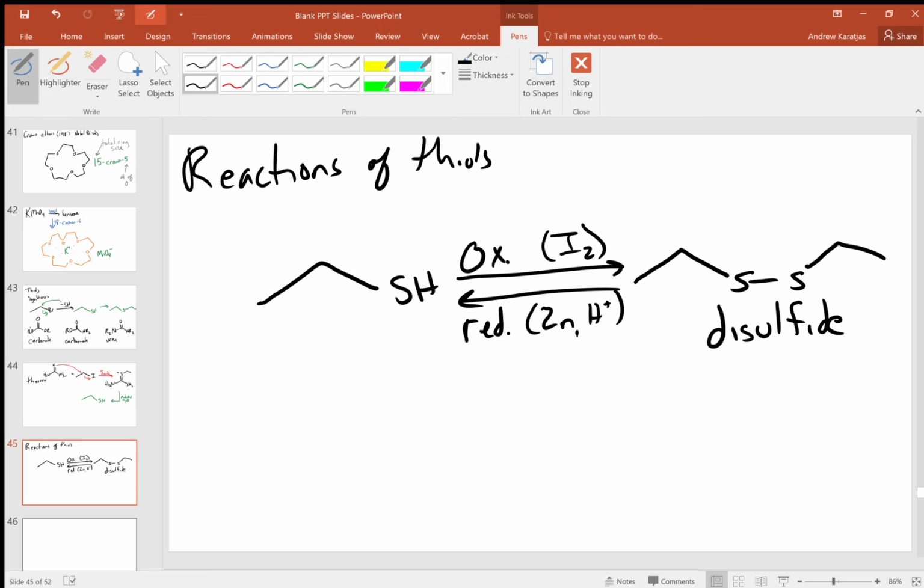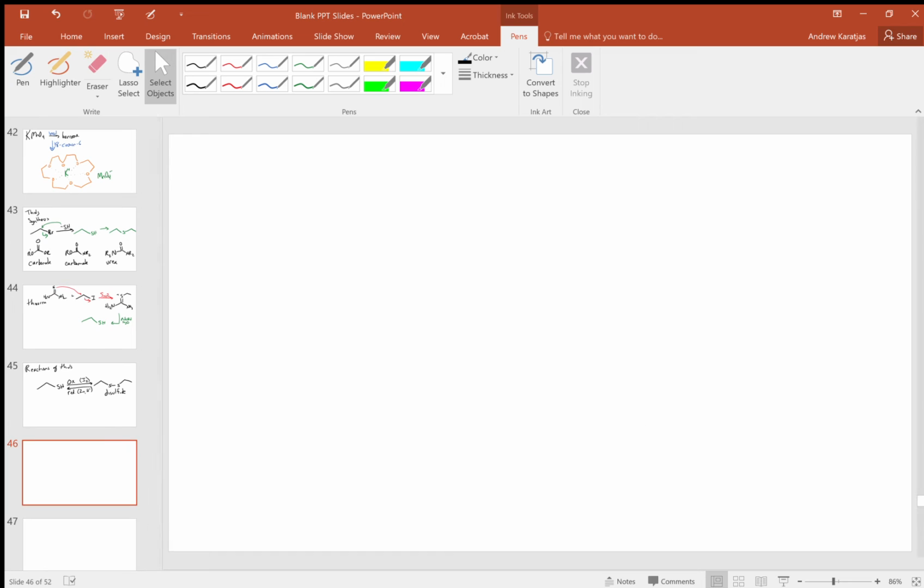So what is the importance of this reaction? Well, the place where this reaction is most important is biologically. If we talk about proteins and protein structure, proteins have what we call 4 different levels of structure, and we can see them here.